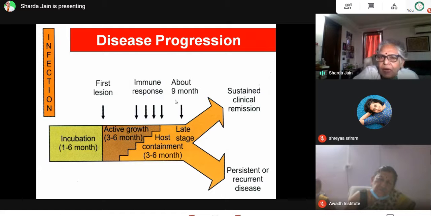And then they decide that there is a clinical remission. So once the cells are out, they are out. But if the cells decide to stay on in the cervical epithelium, the DNA of the HPV combines with the DNA of the cervix, and then a whole lot of preclinical cancerous lesions will get started.